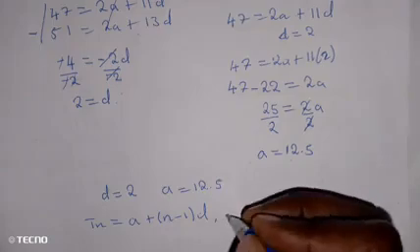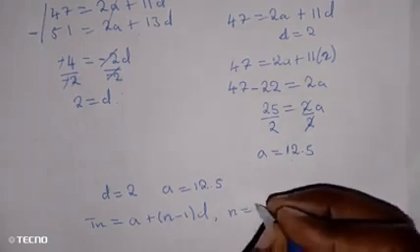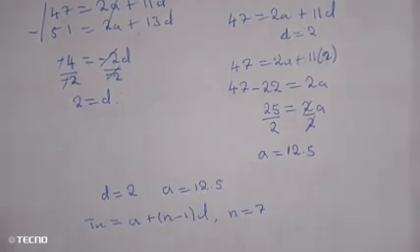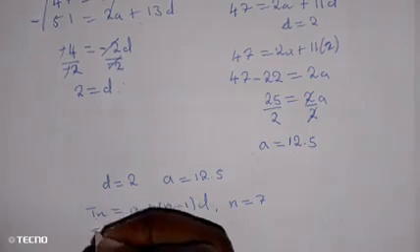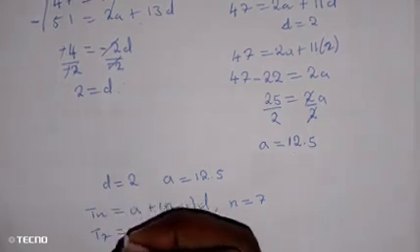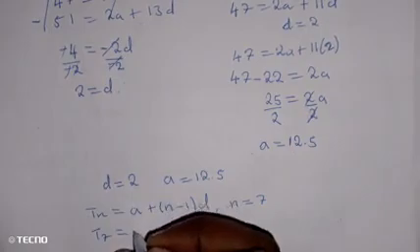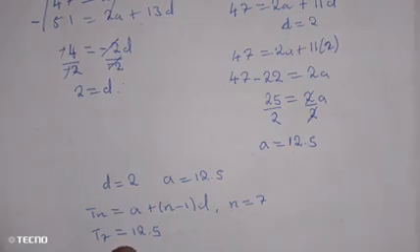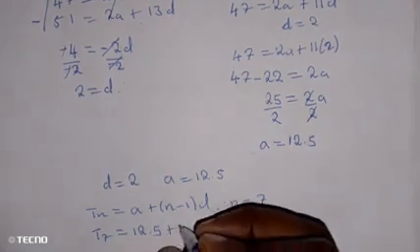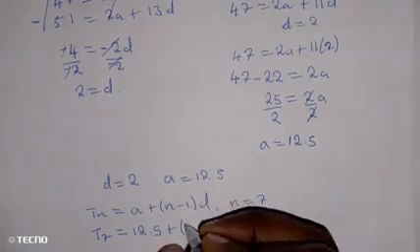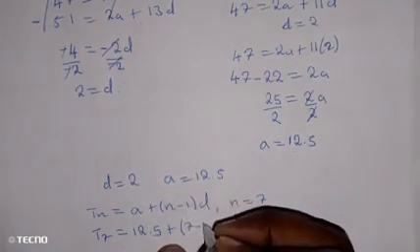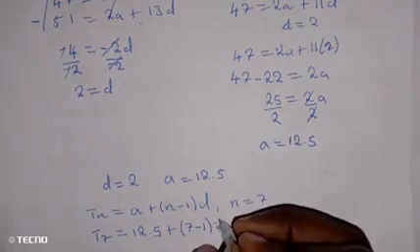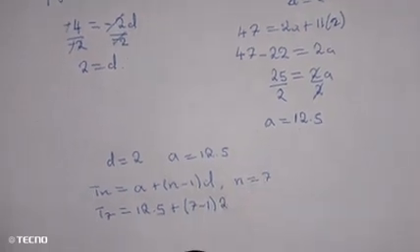In this case our n is equal to 7, because we are calculating the seventh term. So T7 is equal to our first term 12.5 plus open bracket 7 minus 1, close bracket, times d, which is 2.